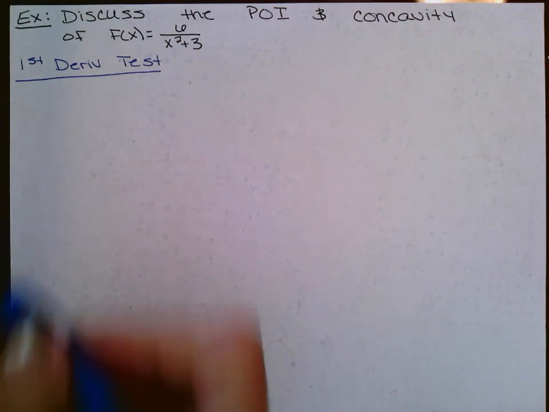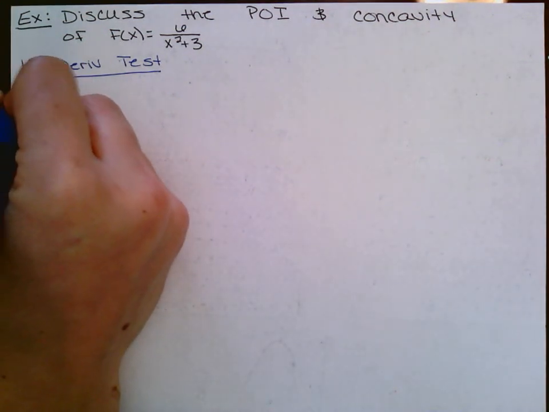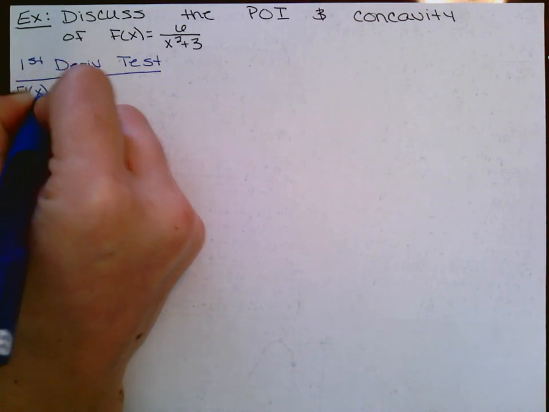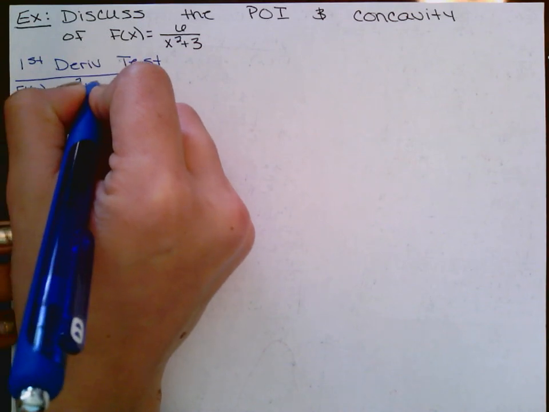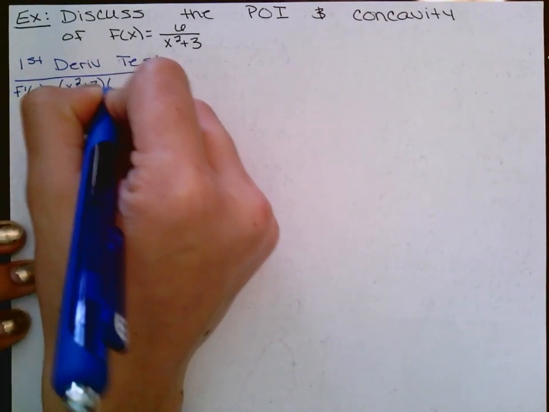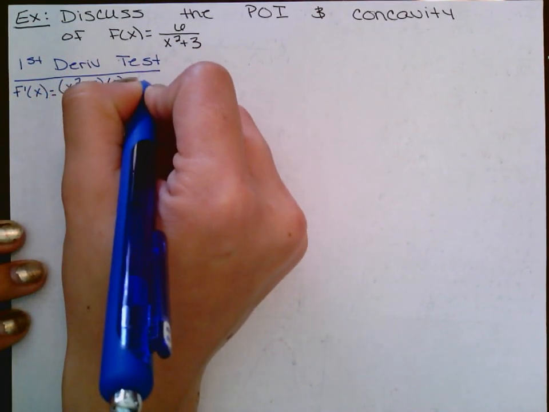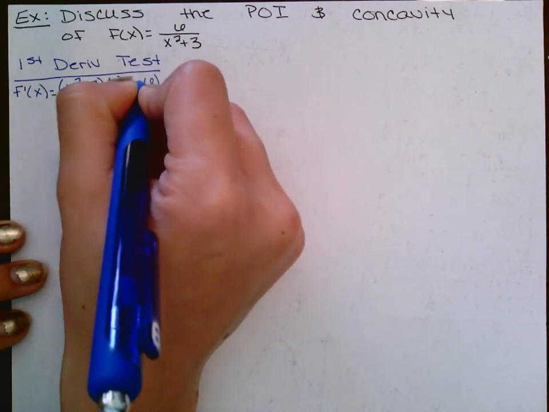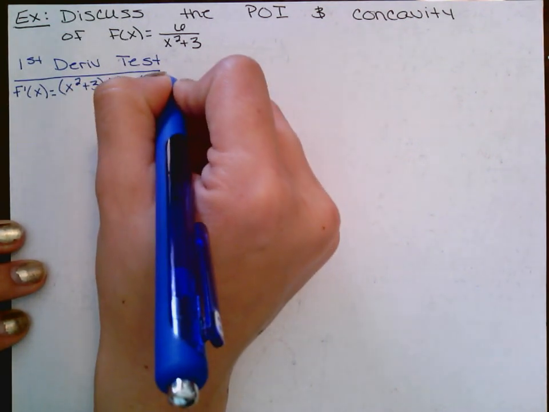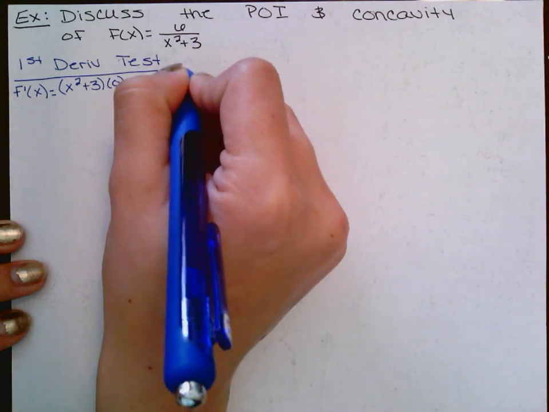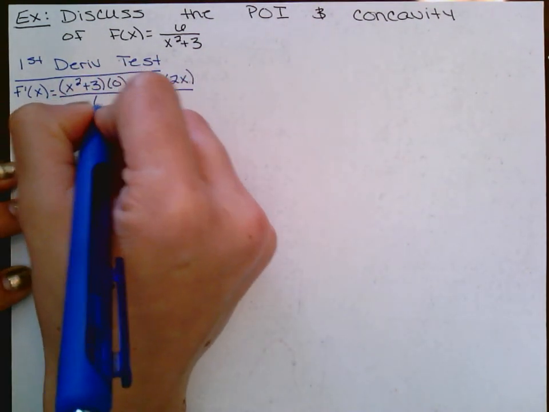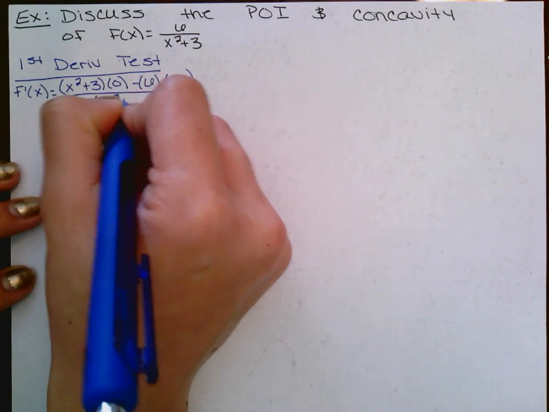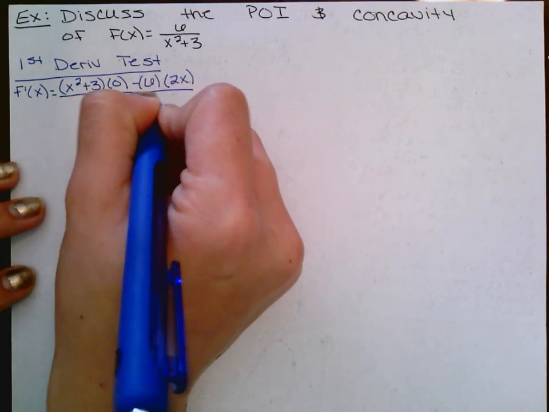So let's start off with our first derivative test. F prime of x, I have low d high minus high d low over low squared.